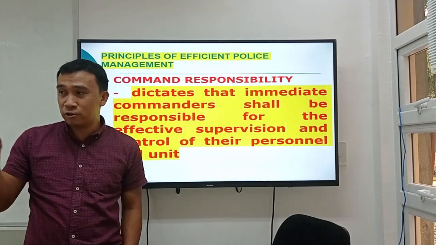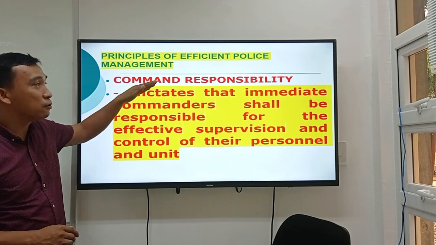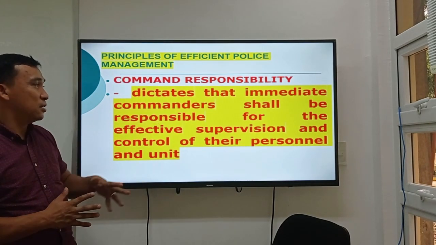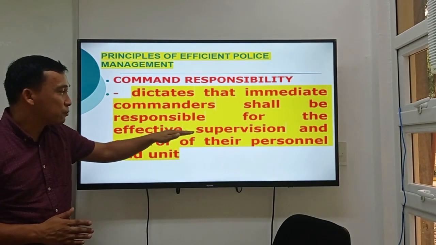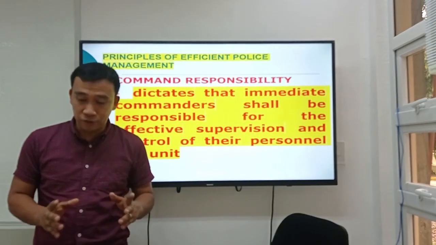Why? Not because gumawa siya ng krimen, but because of this principle. Command responsibility. That the immediate commanders shall be responsible for the effective supervision and control of their personnel and unit.